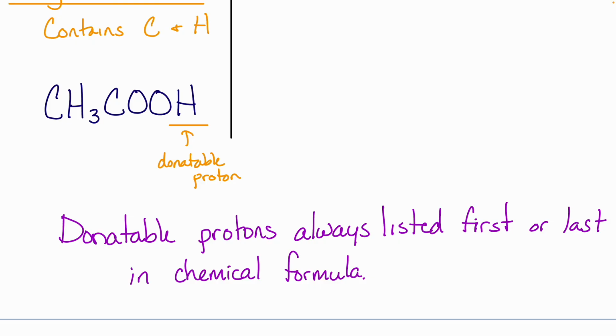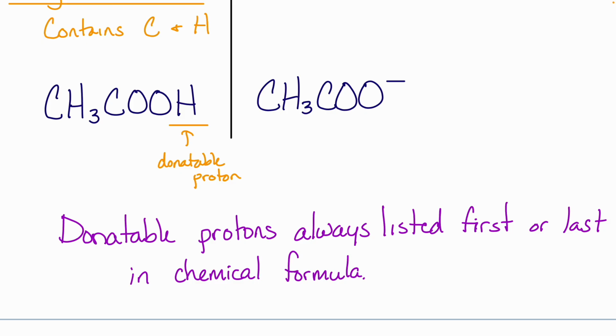Since that's my donatable proton, when I decrease my number of hydrogens in my formula, that's the one I'm going to get rid of. Then I'm going to decrease my charge by 1. So here is the formula for my conjugate base. Notice I didn't touch these hydrogens here because they weren't the ones that were listed either first or last in that molecule.